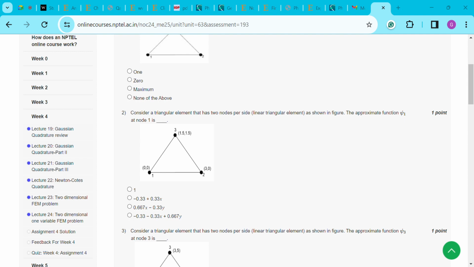We have assumed f dash x is the approximate function and f of x is the original function. What I have to do to find the error is f of x minus f dash x. That would be the error in such a case. But this is not what we do, because we don't know what f of x is.